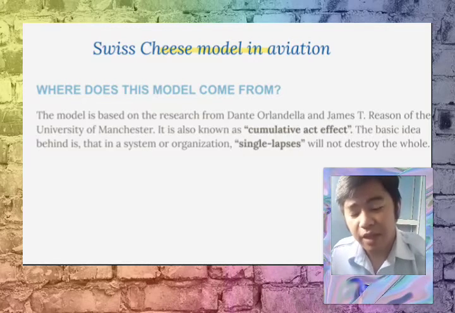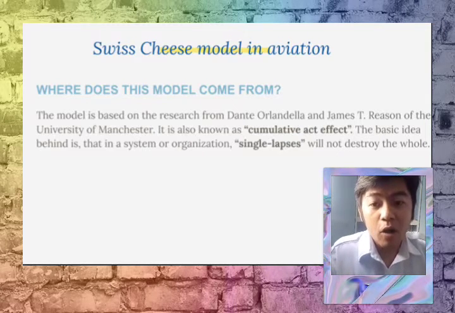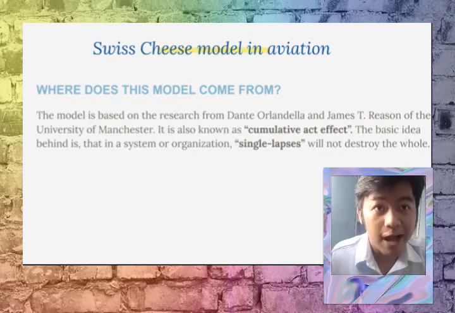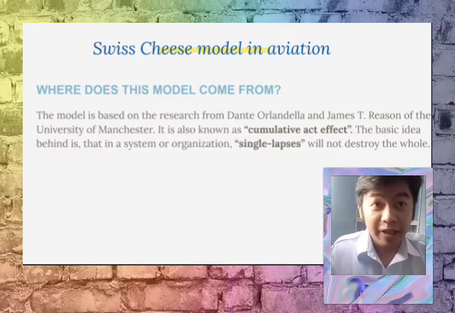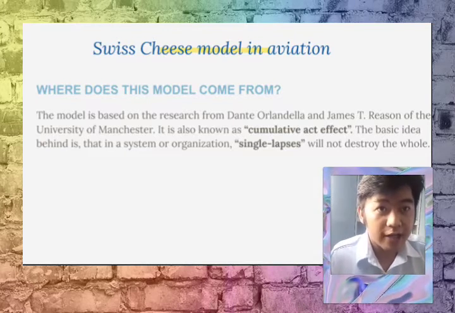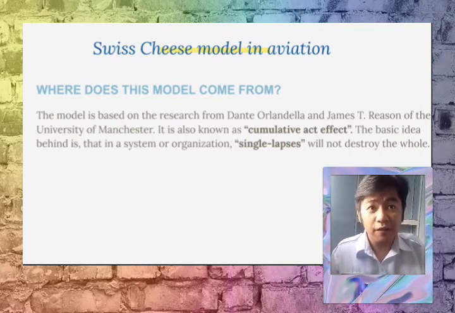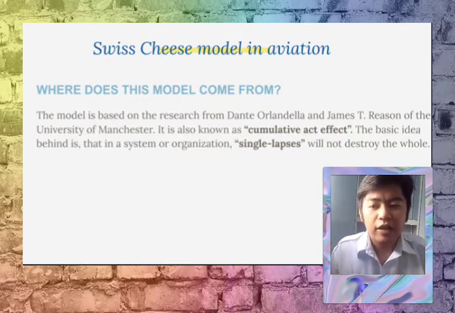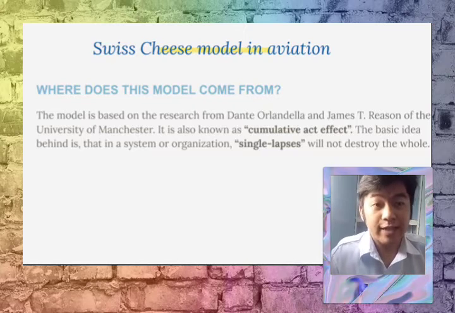So, ano yung sinasabi dito sa cumulative act effect na to? Ito yung parang paulit-ulit na actions na ginagawa, kumbaga ito yung paulit-ulit na pagkakamali na nagagawa ng isang management or ng isang corporation. So because of this actions na pagkakamali, nagkakaroon tayo ng kumbaga sa cheese, nadadagdagan ang holes ng cheese.